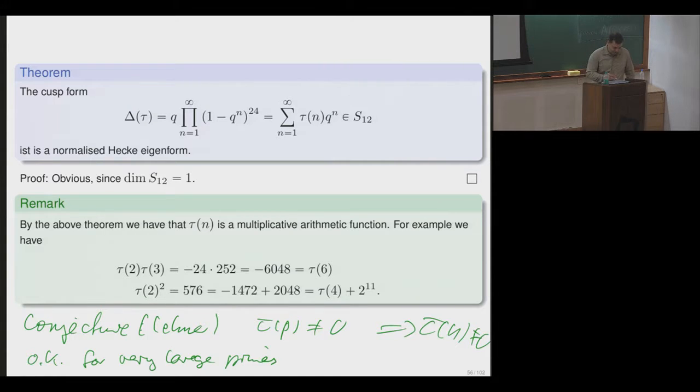No, sorry, let's formulate it another way.